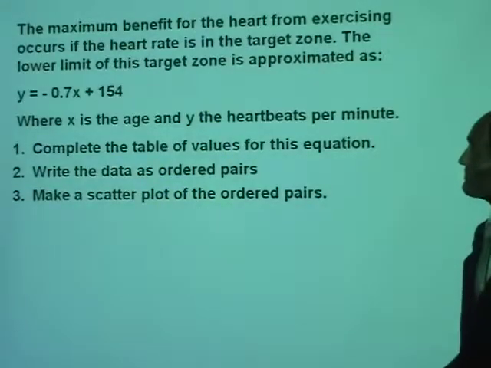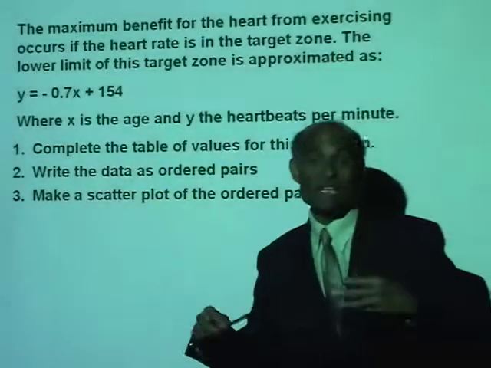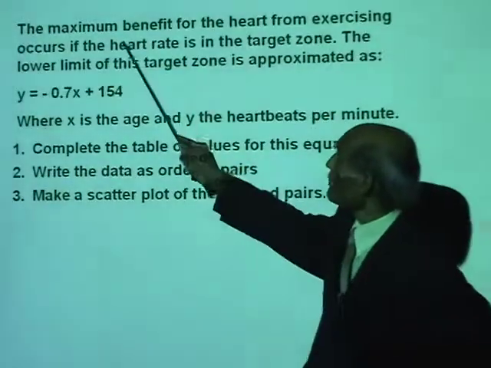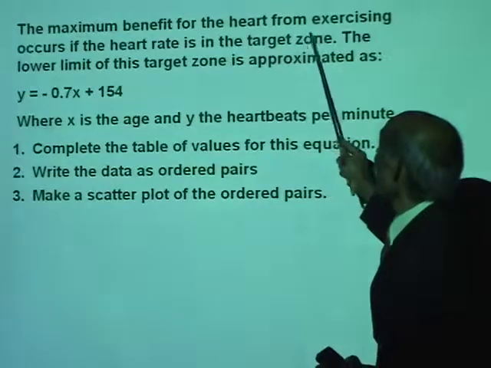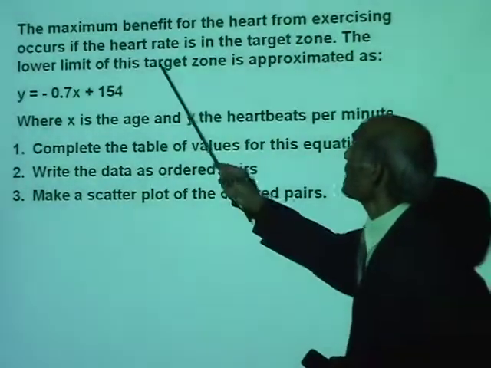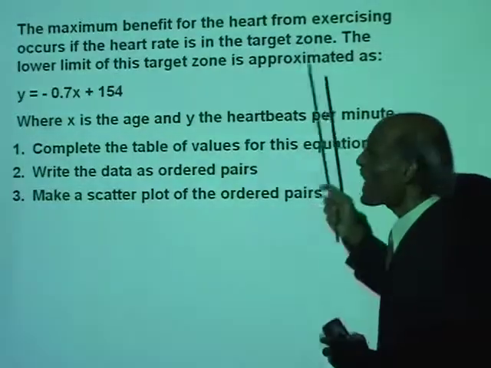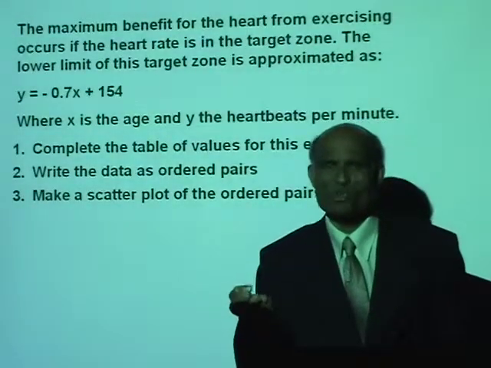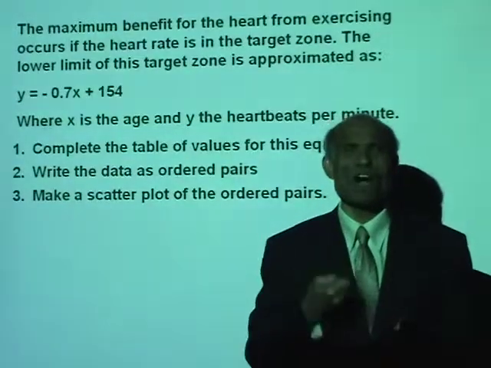Okay. Let's now use an example to illustrate this. The maximum benefit for the heart from exercising occurs if the heart rate is in the target zone. What is the target zone for the heart rate?